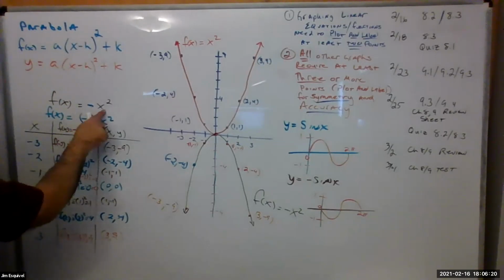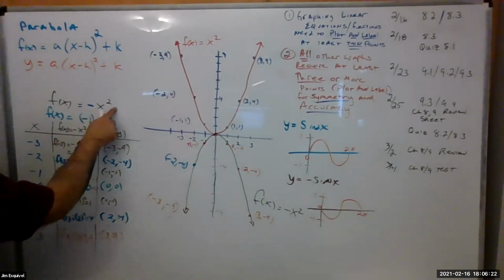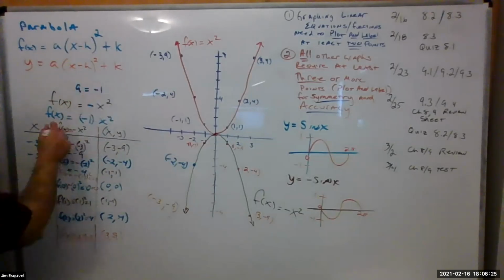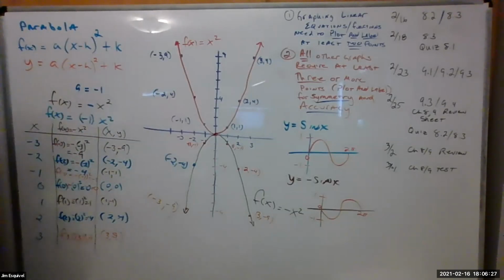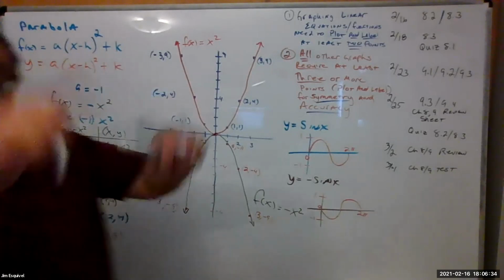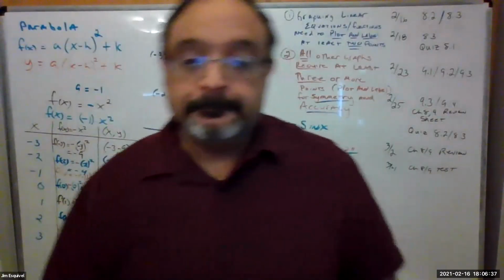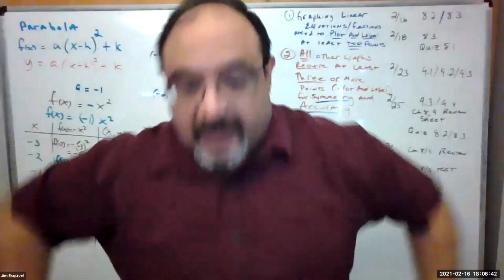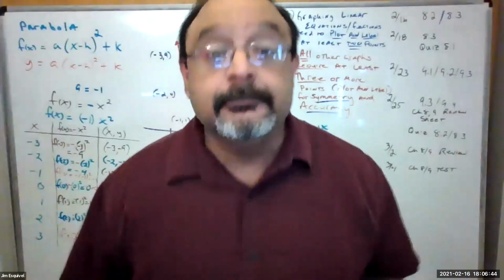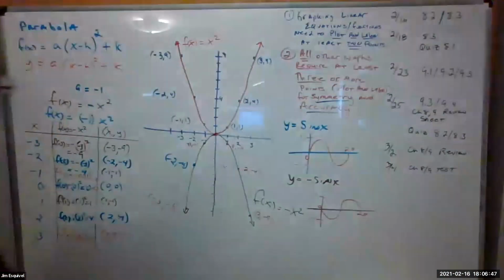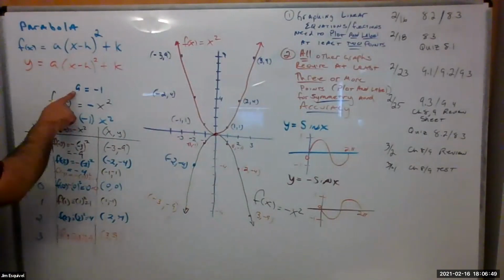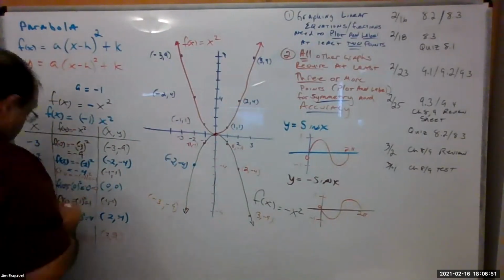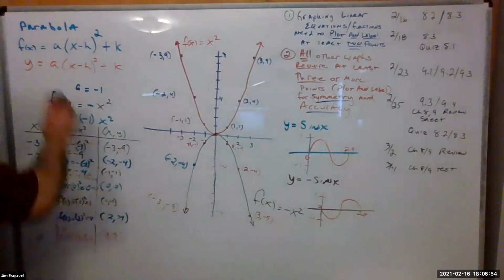So when you see this negative x squared, your a is a -1. This a in the function controls the ups and downs. A controls if it opens up or if it opens down. Opens up, opens down, up, down. Okay? A controls if it opens up or if it opens down. So piece by piece, one piece at a time.